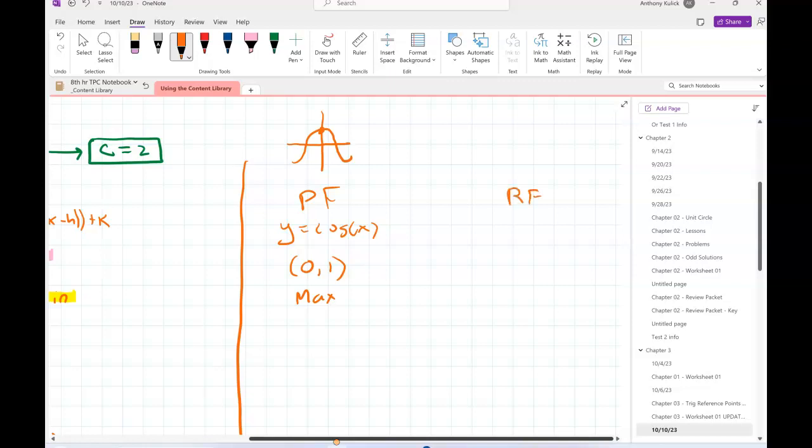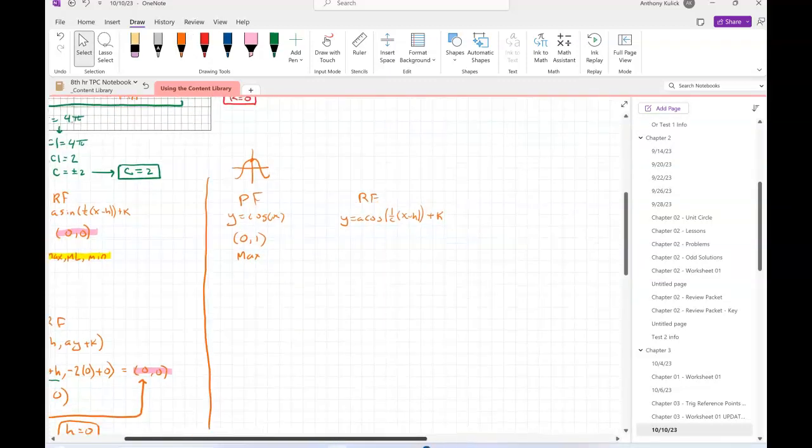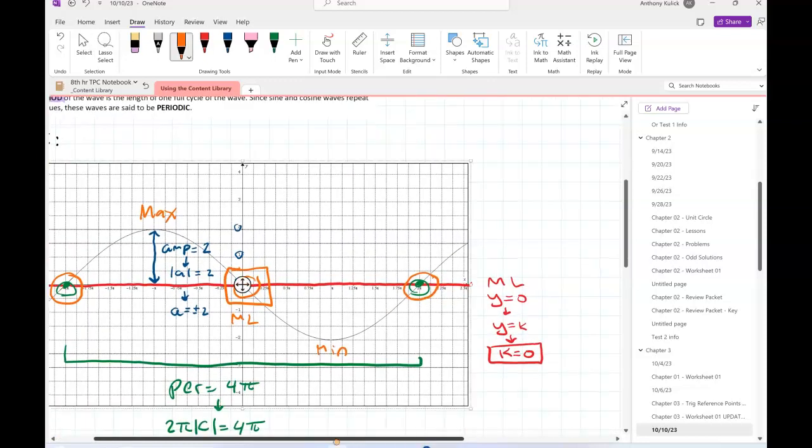So from my resultant function, we want to choose a point that's also an extreme point, so either a maximum or a minimum, it doesn't really matter. So let's go back up and look. We could pick either of the two. Let's say I pick this one here at pi comma negative 2.